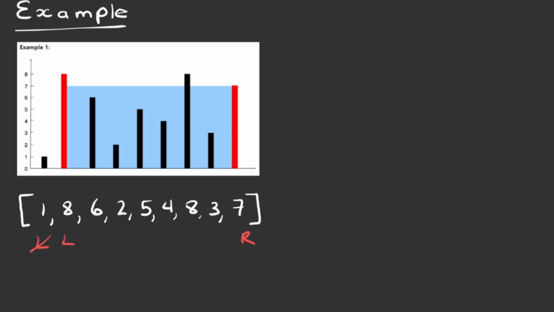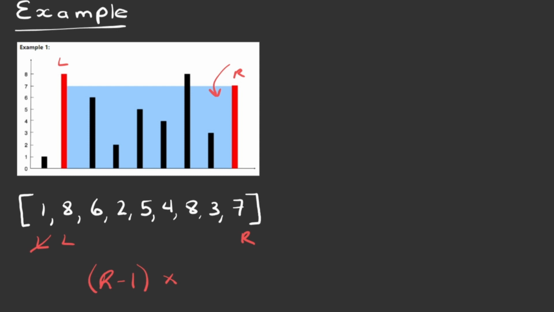And then we recalculate the amount of water that can be stored between these two edges. So if we want to calculate the water, it's exactly this blue area. The left pointer is here and the right pointer is here. So again, we compute the width, which is just R minus L, and then we multiply it by the minimum of the heights.